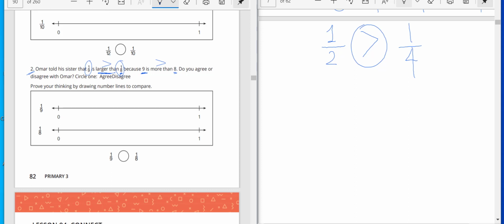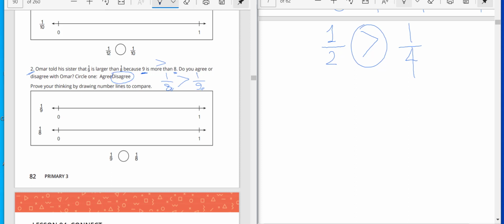Then 1/8 is more than 1/9 because 8 in the denominator is smaller than 9 in the denominator. So do we agree or disagree? Yes, we disagree. We will circle disagree.